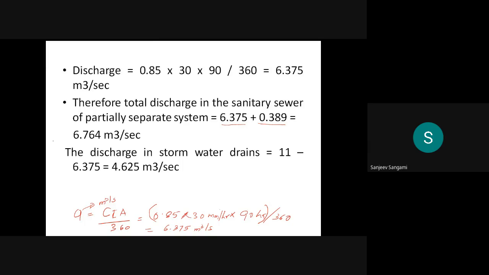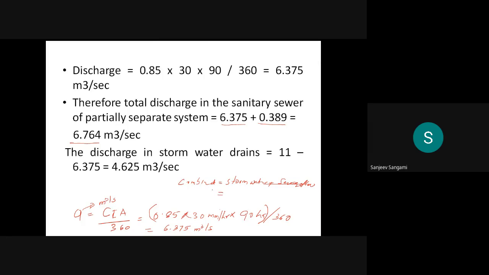So then in total you will get 6.764. Then normally we know that combined is storm water plus sewage flow.